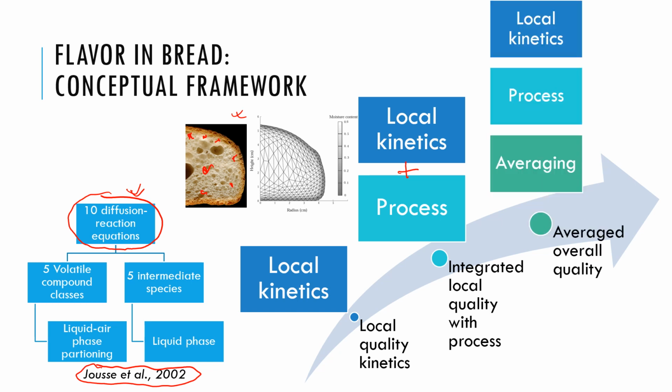And then we need to do some sort of averaging to get the averaged overall quality. This is the main idea. So we see that the framework concept of having local quality kinetics, then combining with process, and then averaging, can work also for flavor.